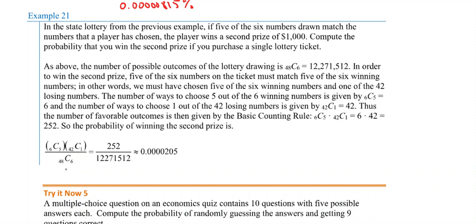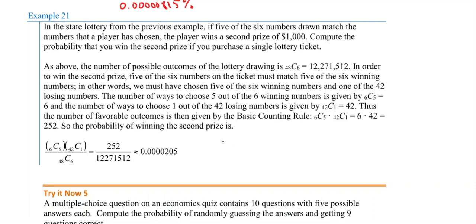But on the top, it's going to change because we're going to have two things going on here. For favorable, of the 6 balls, we're going to choose 5 of them correctly. How many ways can I choose 5 of those balls? And then we have to multiply by what's left, because we've got to choose one more ball. Let's start over, sorry.